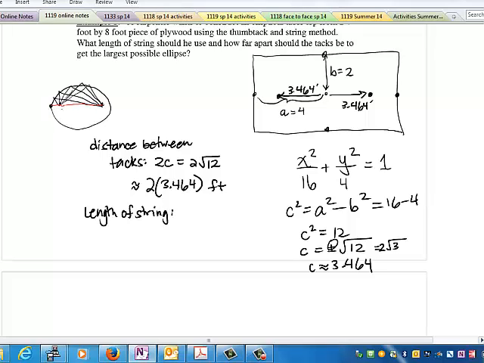You would have all the way across between the two foci, and then you would have this distance on the end between one focus and the vertex. You would have that doubled. So you can imagine that the length of that string would really stretch all the way across the whole ellipse. So basically you want 2a, which in this case would be 8 feet.